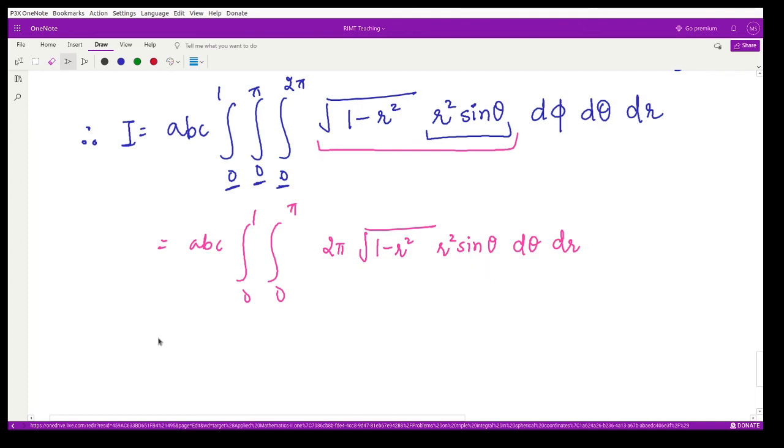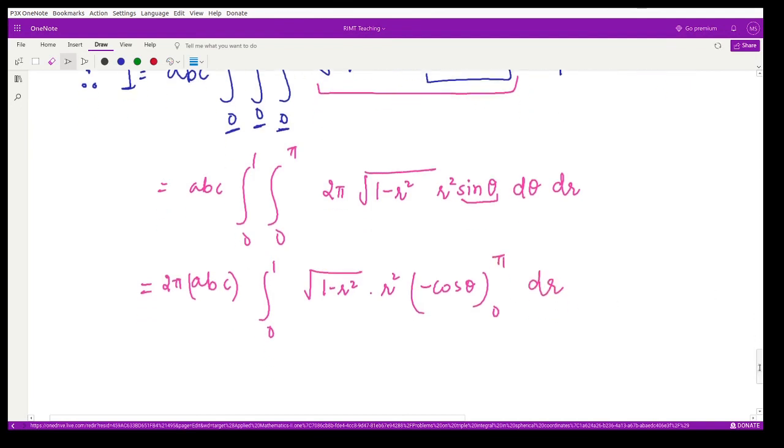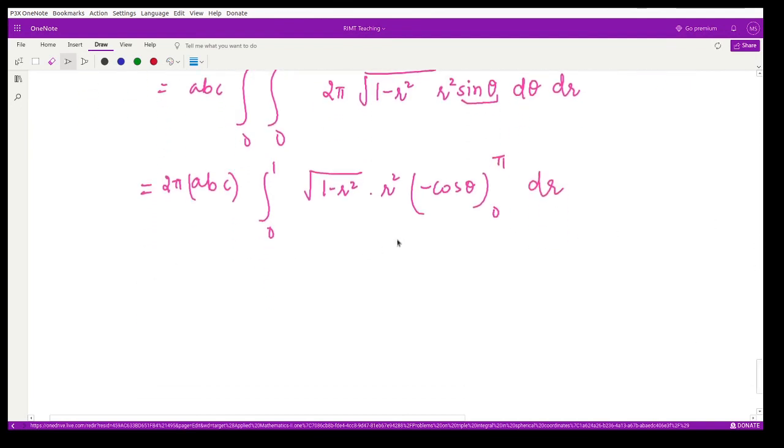So when you perform the integration with respect to theta, so 2 pi could also be taken outside. So it would be this term as such, 1 minus r square into r square. The integration of sine is minus cos theta, and the limits for theta are from 0 to pi, dr as such.